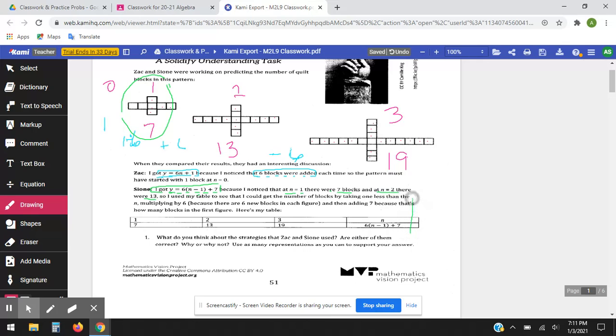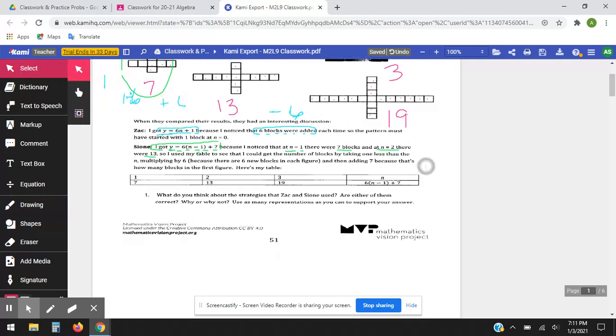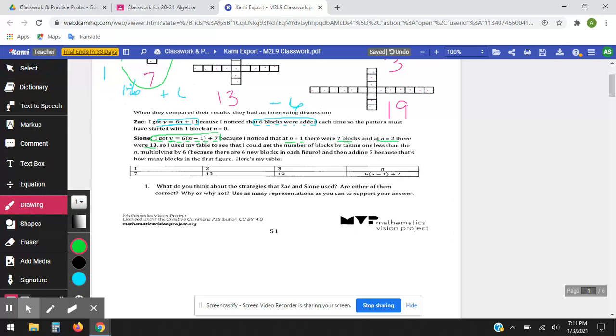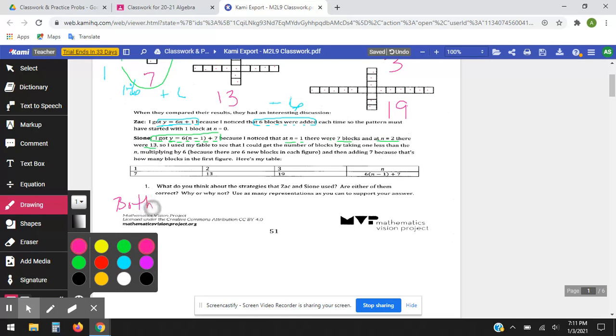Okay, so what do we think about their strategies on here? Are either of them correct? Why or why not? So basically, they both are correct. And it's really how we just explained it up there.